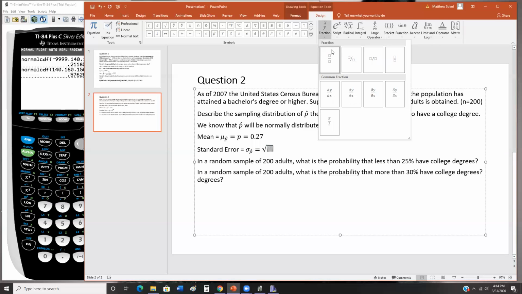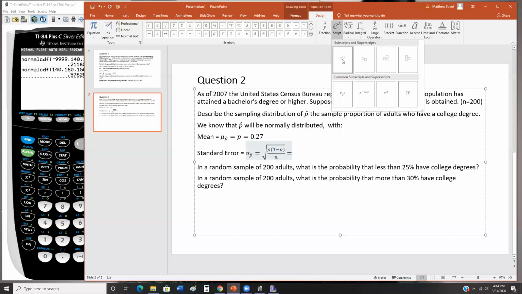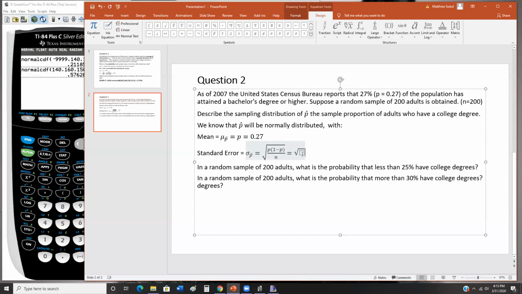It's the square root of p times 1 minus p, all over n, which is equal to the square root of p, which is 0.27, times 1 minus 0.27, divided by our sample size, which is 200. So this is just a formula you need to follow.